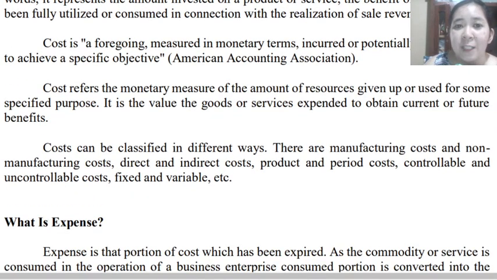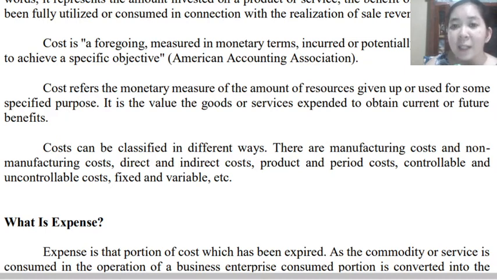So cost refers to the monetary measure of the amount of resources given up or used for a specified purpose. This is the value of the goods or services expended to obtain current or future benefits. Again, this is what we have been talking about earlier.